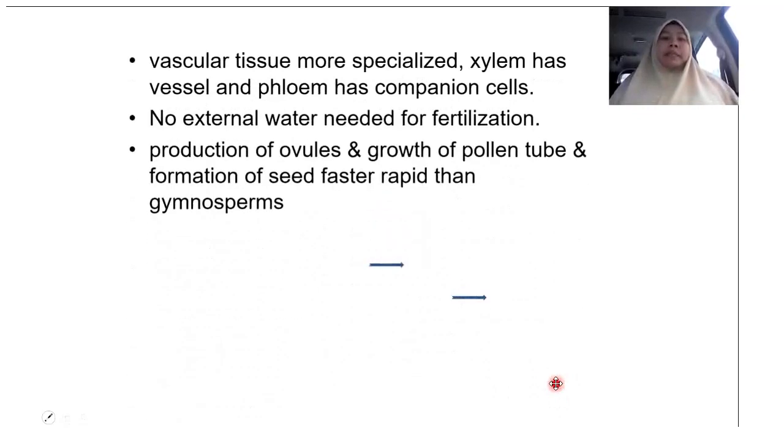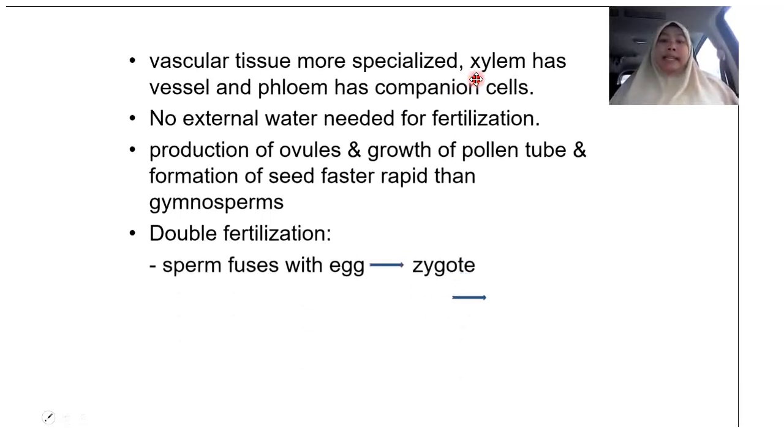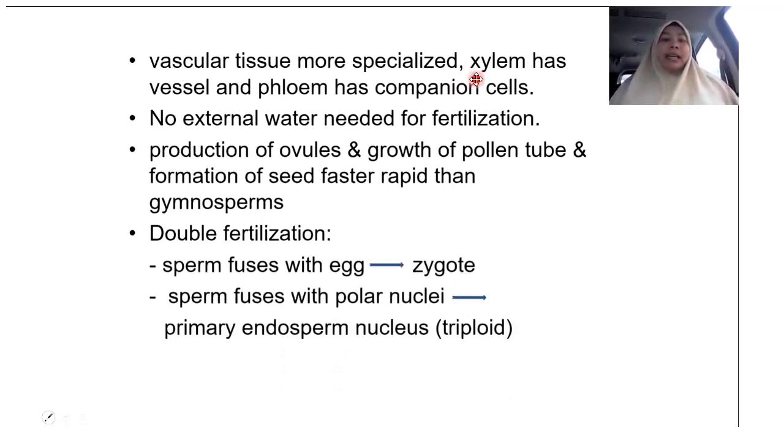As I mentioned, the vascular tissues are more advanced and more specialized. It has xylem vessels, and the phloem has companion cells. There is no need for water for fertilization, unlike the lower plants like fern and Marchantia.